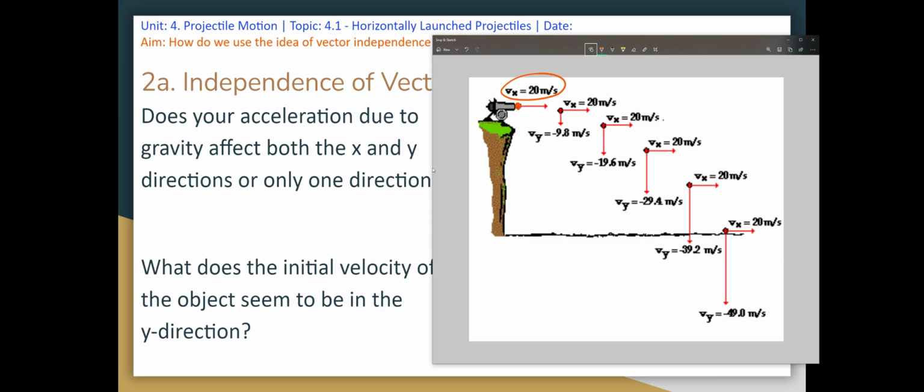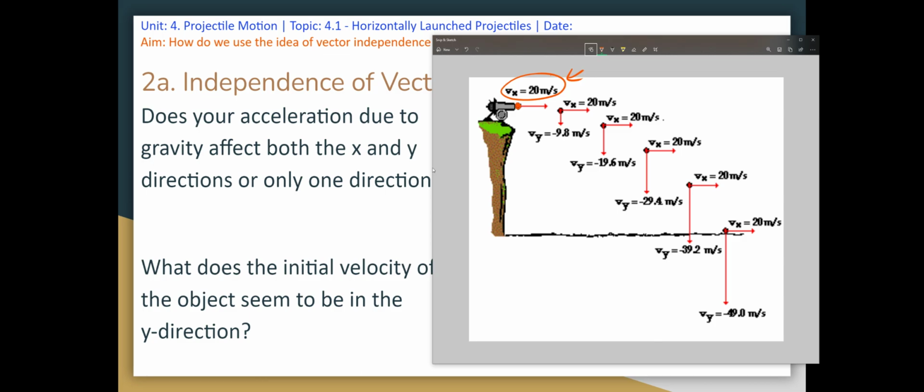Well, the cannon is not falling downward until it leaves the cannon. It's being fired horizontally, which means that it has an initial horizontal velocity, which is 20 meters per second. But the object does not start falling until it leaves the cannon.